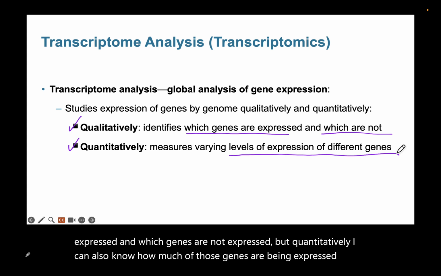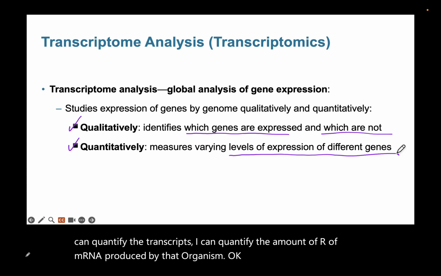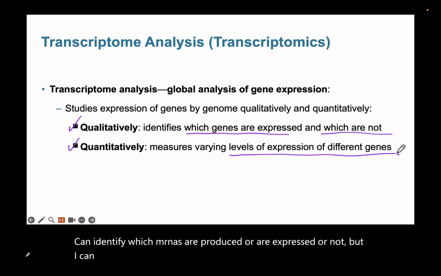So I can quantify the transcripts, the amount of mRNA produced by that organism. Not only can I identify which mRNAs are expressed or not, but I can also measure the levels of expression of those different genes.